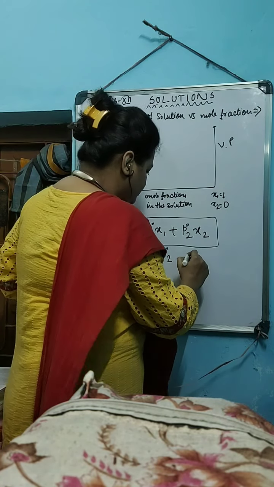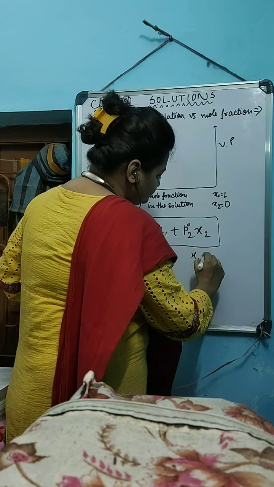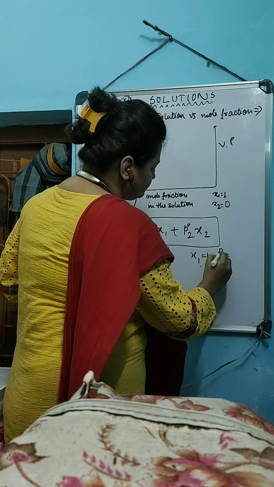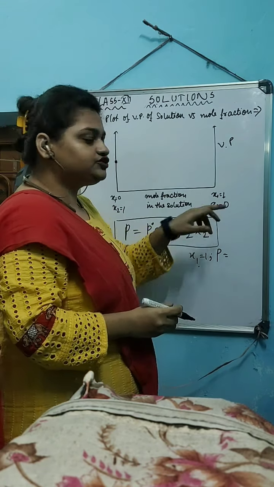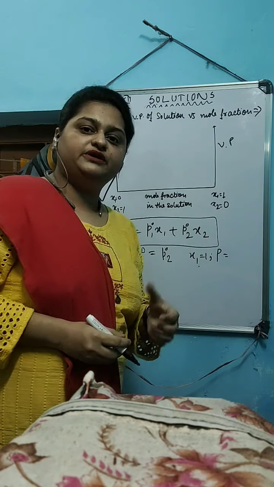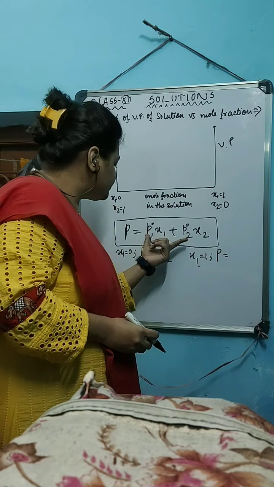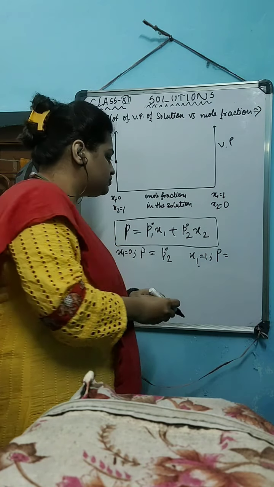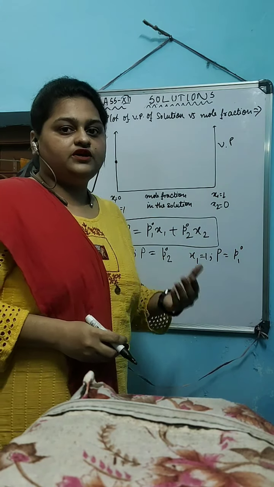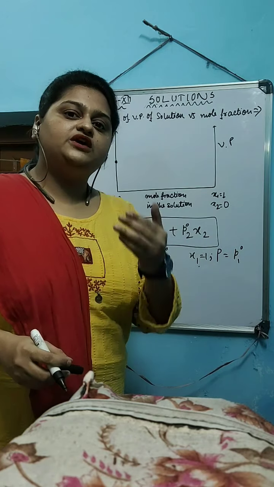When X1 equals 1, X2 equals 0, so this entire value will become 0 and this expression will become P equals P1 naught, meaning the vapor pressure of the solution at this point will be represented by P1 naught.